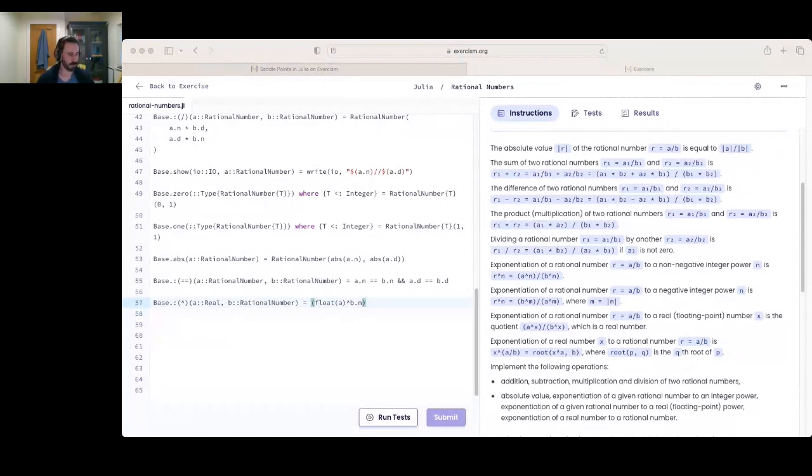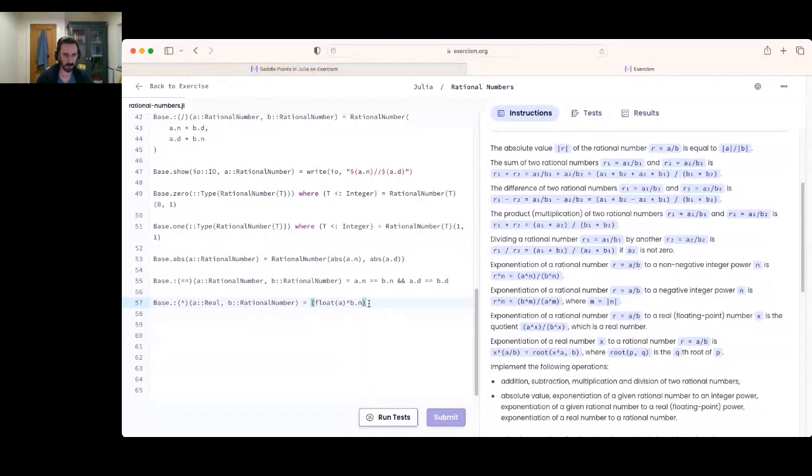So this can be the last bit I'm going to do, and then that will be me done. So it's the qth root of p q. So then that will be b.